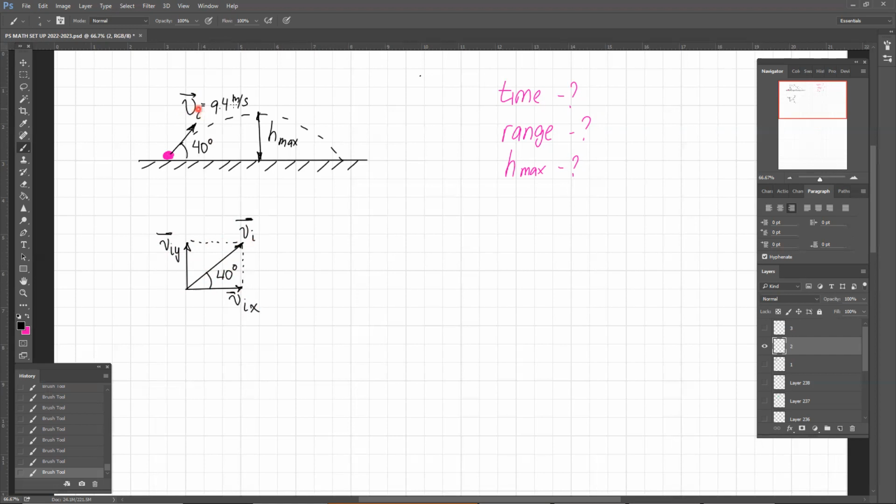Initial speed. So by the trigonometry rules, the x component is v initial cos 40 degrees, the y component is v initial sine 40 degrees, and I can just go ahead and calculate numbers, given that initial speed is 9.4.